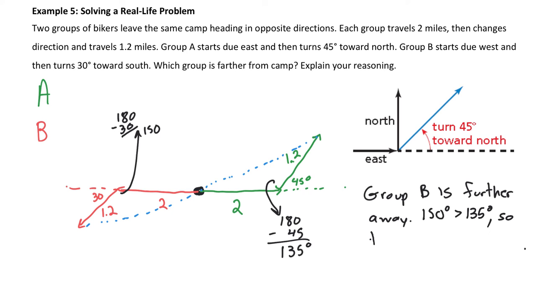So the group is further, because we talked about that hinge theorem. They're further away by that hinge theorem. They turned a little more gradually, which took them further away from the camp, even though they traveled the same distance. So understanding angles and navigation and things like that, I think it's interesting.